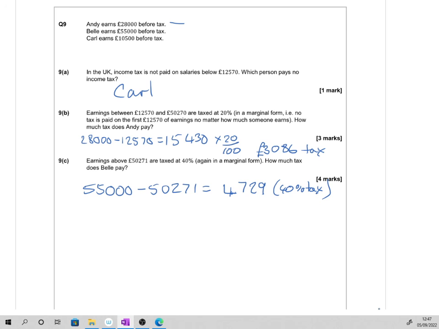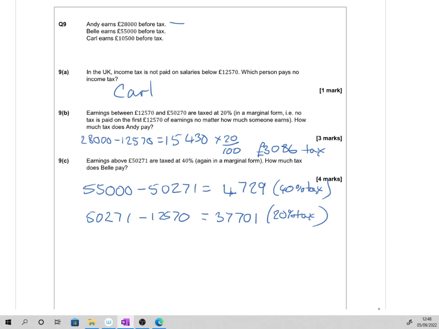Now, we're going to take this number, 50,271, and take away the no tax, the 12,570. 50,271 minus 12,570 is 37,701, and this is at the 20% tax.